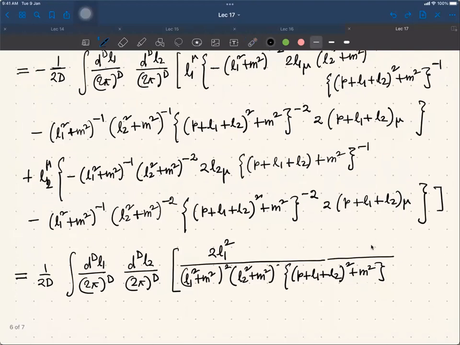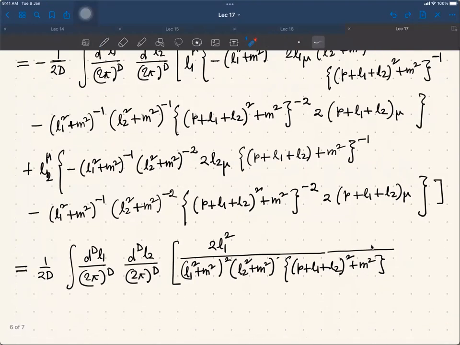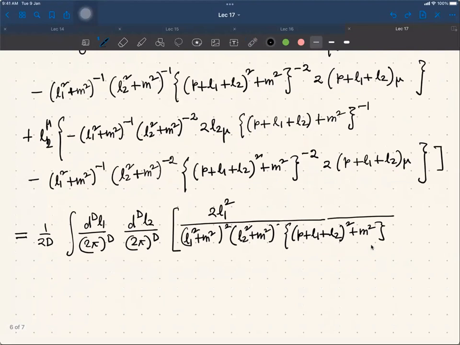Same is true for the term that I'm going to write now, which is this one. This also has a negative sign here, and that cancels this one. So I should have 2L2 square divided by L1 square plus m square, L2 square plus m square whole square.